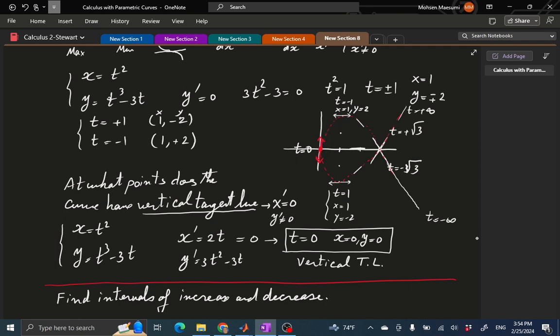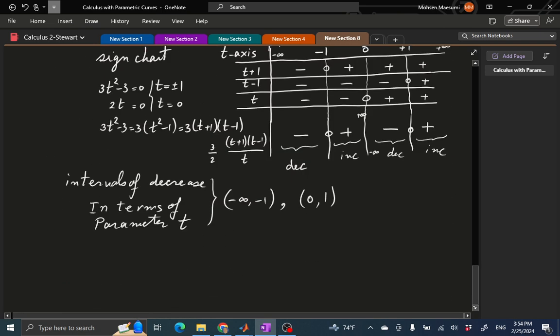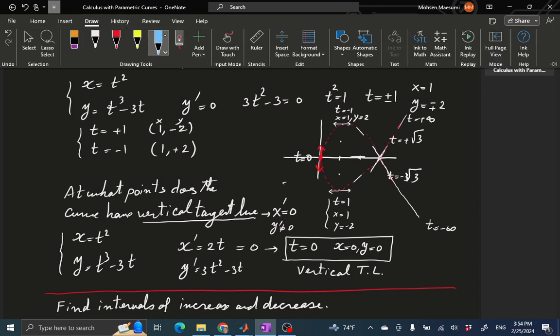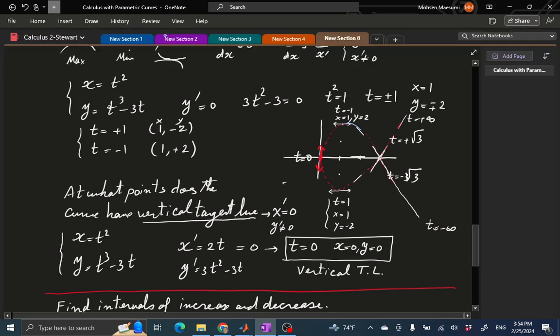How about here? Well, let's go ahead and look at the rest of this thing. So from 0 to 1, for t going from 0 to 1, we say this is decreasing. So maybe I go ahead and label it in some color that we can tell. Here's a blue.